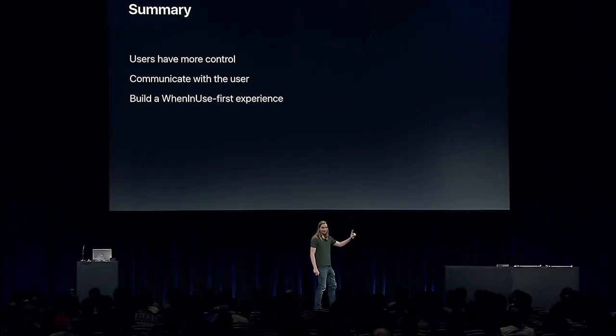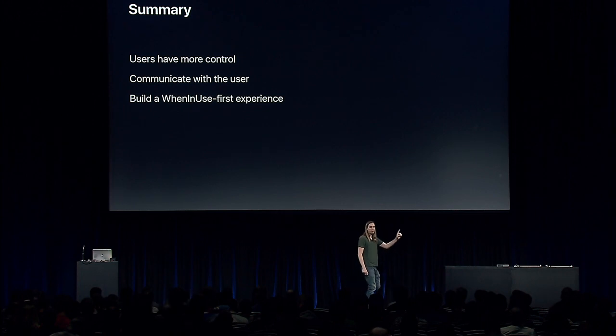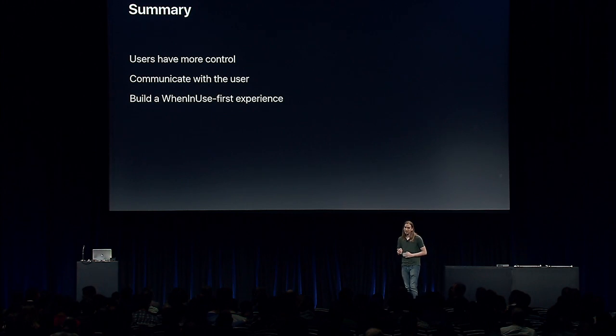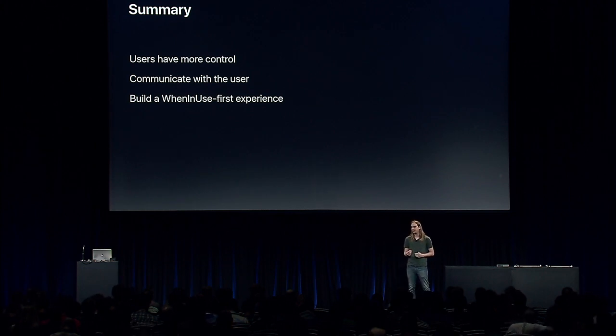That's what we've got for today, and just to recap, there are 3 important points I want you to remember. First, users have more control over how your app accesses their location. Specifically, users can now grant your app when-in-use authorization if you request always authorization. Now, we always recommend that you communicate with the user and help them understand why your app wants access to location.